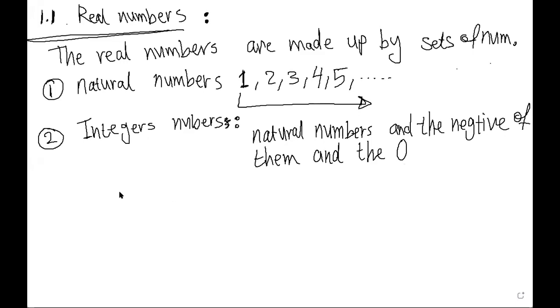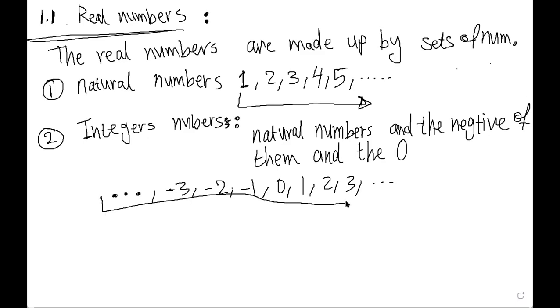So the integer numbers will be, for example, from minus infinity, -3, -2, -1, 0, 1, 2, 3 to infinity. All of these are called integer numbers.